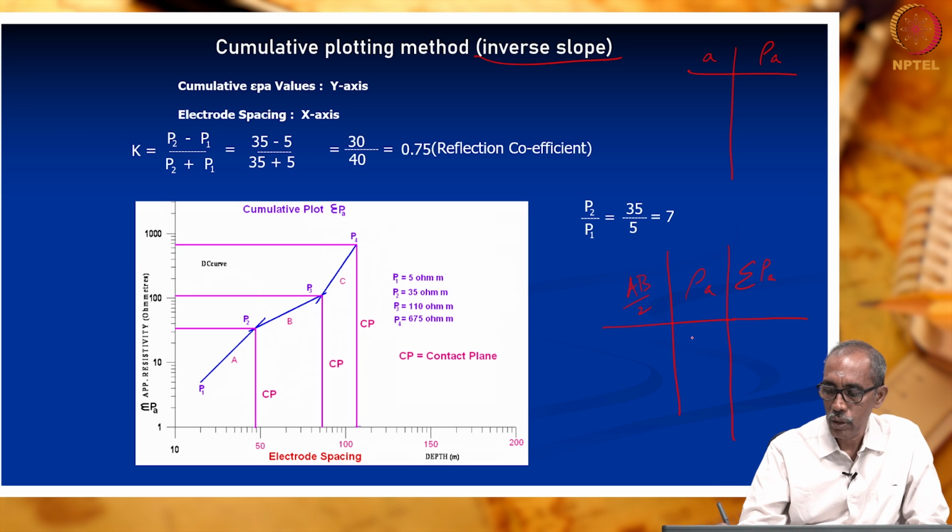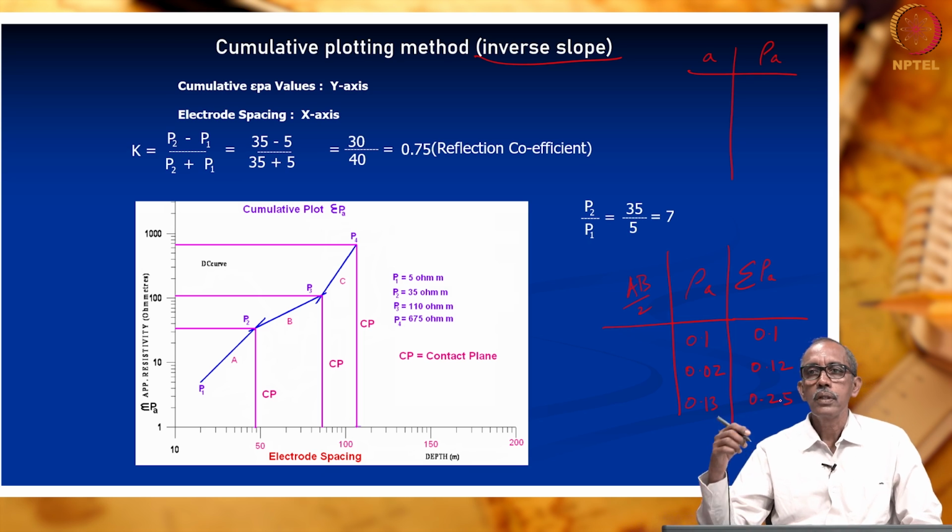Suppose the resistivity is 0.1 here, 0.02 here, and 0.13 here. So, what is the cumulative resistivity? 0.1, 0.12, 0.25. So, this is how we note down the cumulative resistivity.